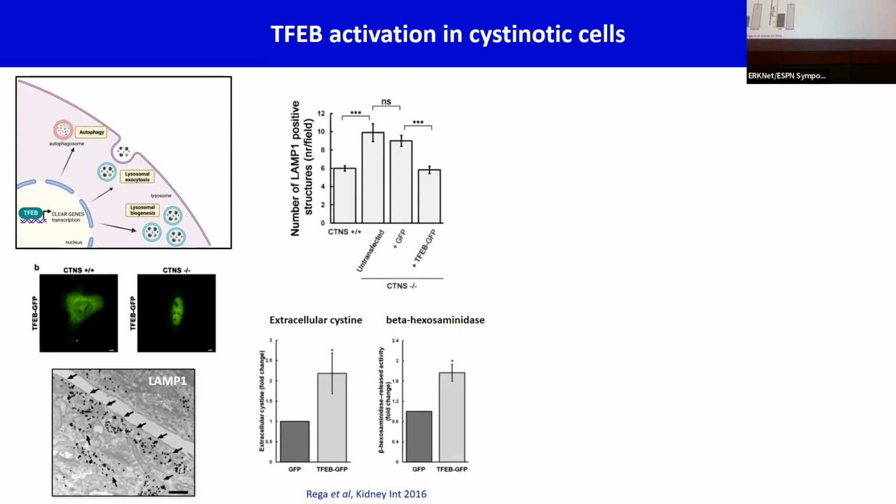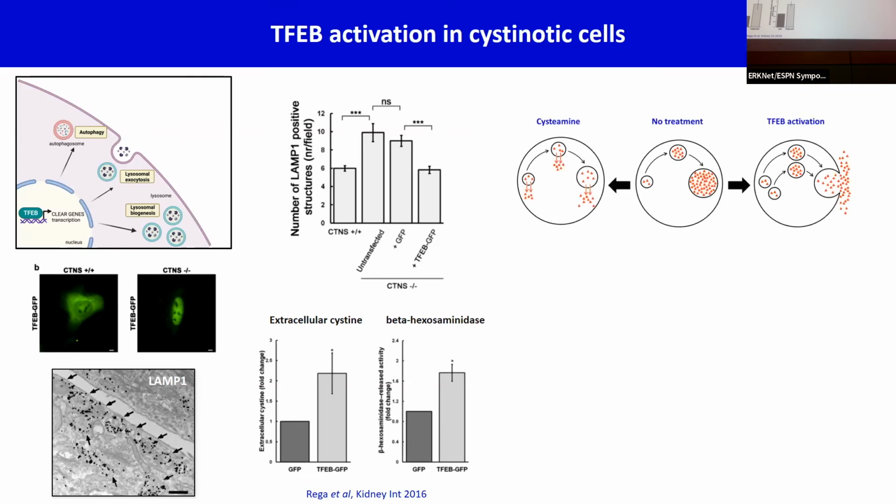But in lysosomal storage diseases, it is typically upregulated and it is transferred to the nucleus, as it is in these cystinotic cells. You see that all of the TFEB is actually in the nucleus. And when we express TFEB in these cells, what we could show is that we promoted the exocytosis of lysosomes and that we restored the normal aspects of lysosomes and lysosomal distribution in these cells.